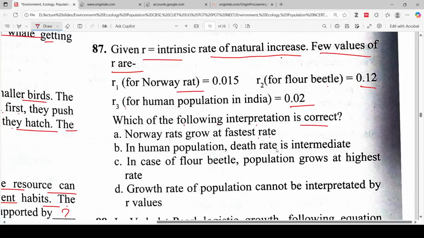In human population, death rate is intermediate. In case of flower beetle, population grow at highest rate, and growth rate of population cannot be interpreted by r value. So the correct answer will be C. In case of flower beetle, population grow at fastest rate.